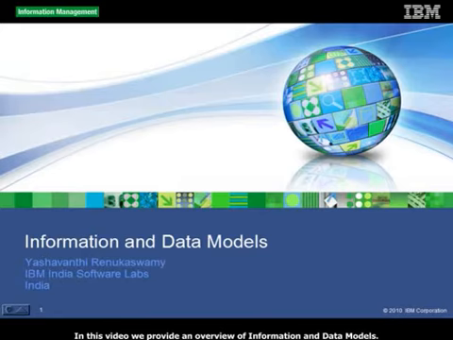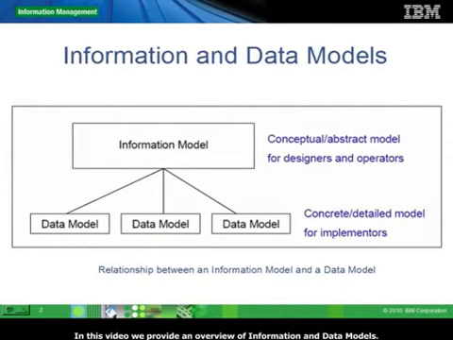In this video, we provide an overview of information and data models. An information model is an abstract, formal representation of entities that includes their properties, relationships, and the operations that can be performed on them.